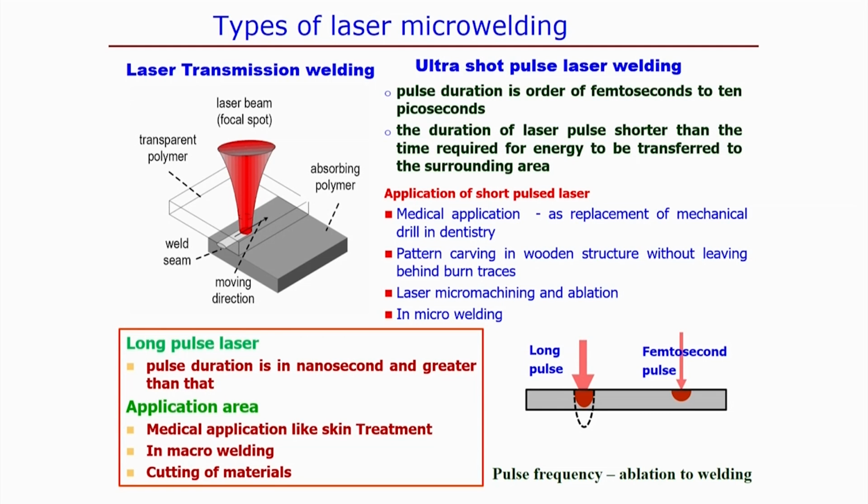If we consider a metallic material, for example gold, a finite time is required to transmit the energy to the surrounding area. That finite time for any specific metal is even higher than the duration of the laser pulse. So, this is specific to ultra short pulse laser welding.